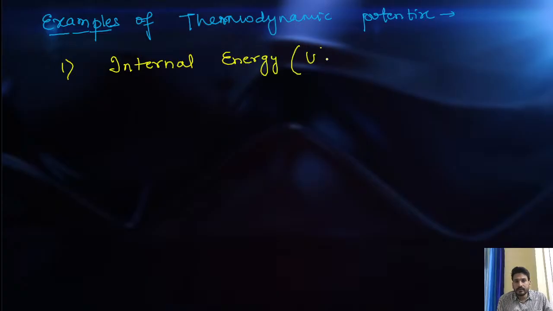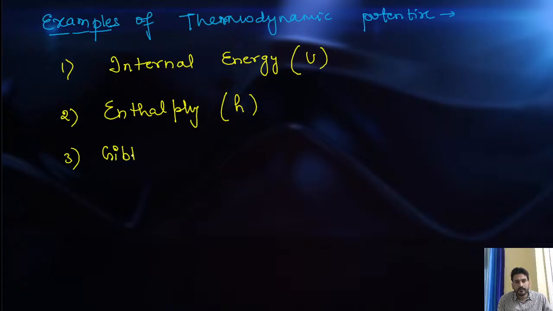It is denoted by U. Second will be enthalpy. Okay, it is denoted by H. Third will be Gibbs free energy. It is denoted by G.